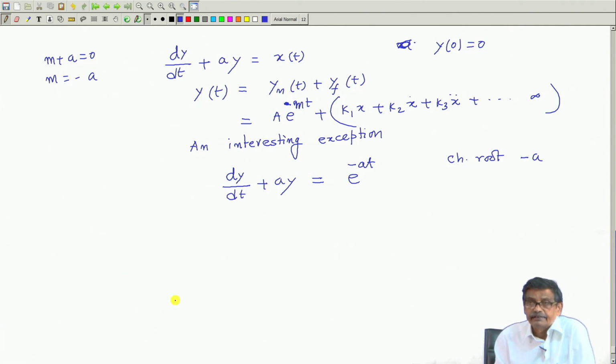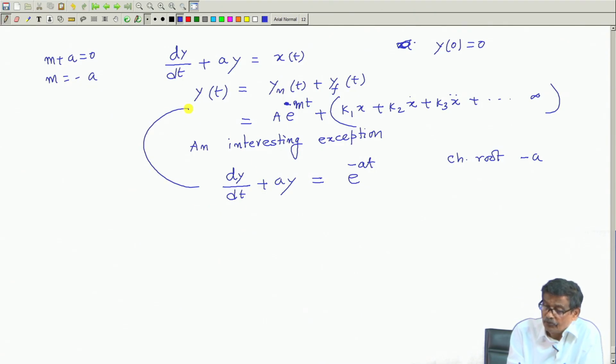If on the right hand side the forcing function is e to the power minus a t, what will be the solution? From this it looks like A e to the power minus a t, and this I will do, but if you do, you will be making a mistake. Why? I am telling you, because all these equations were found out from fundamental things. What was that fundamental thing?